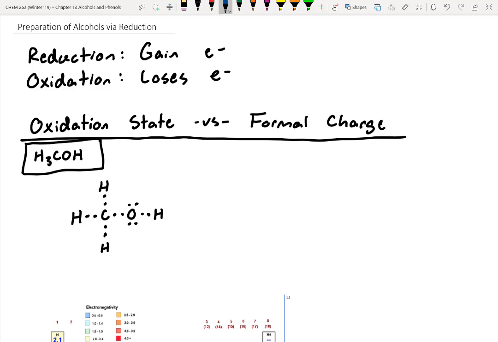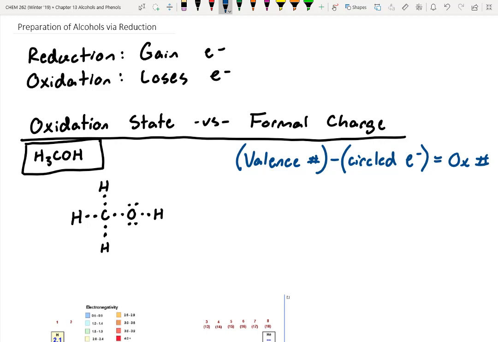So I'll show you a simple trick. First thing you do is you take the valence number for a particular atom in this molecule, and you subtract the circled electrons, and I'll show you which ones to circle, and that'll be your oxidation number.